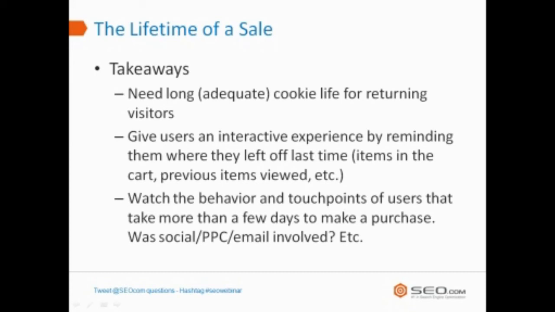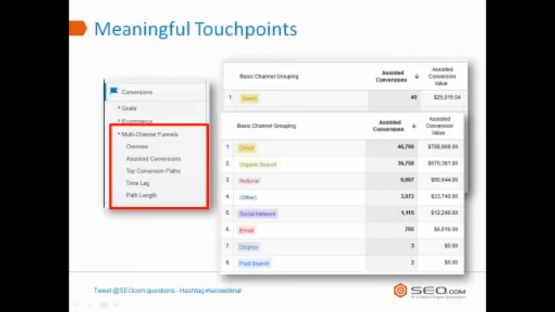Look at those touch points, which might be social, PPC or email, see which ones are working well, and turn those up when they're working well, and for something that isn't, reallocate those funds or that time and effort.